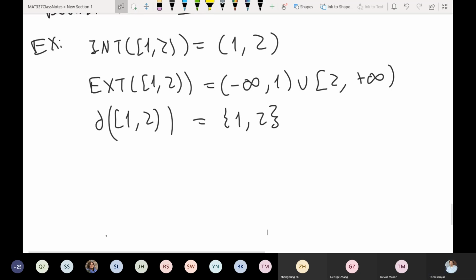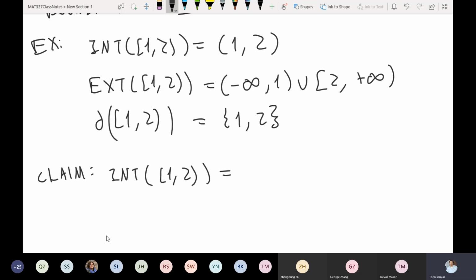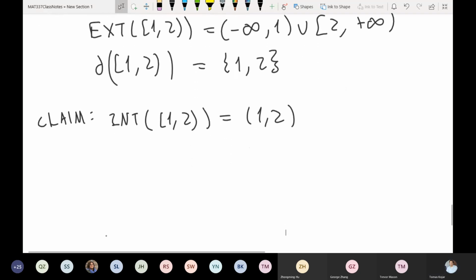Let's see. I should prove to you why this is the interior. So claim: the interior of (1, 2) open is indeed (1, 2). Let me try to prove this. So what do I have to do?